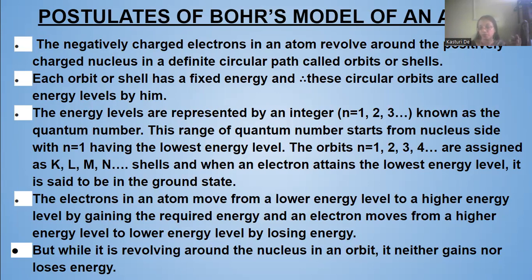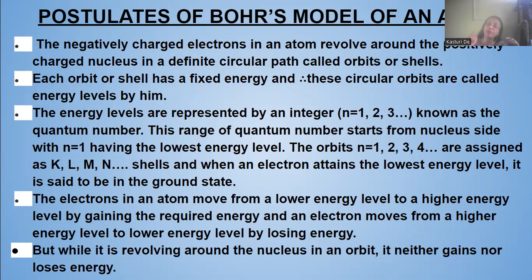That state of the lowest energy level is the ground state of the electron. Now, the electrons in an atom move from a lower energy level to a higher energy level by gaining the required energy, and an electron moves from a higher energy level to a lower energy level by losing energy. So from K to L, it is gaining energy, and from L to K, if it is returning back, then it has to lose energy. But while it is revolving around the nucleus in an orbit, it neither gains nor loses energy.